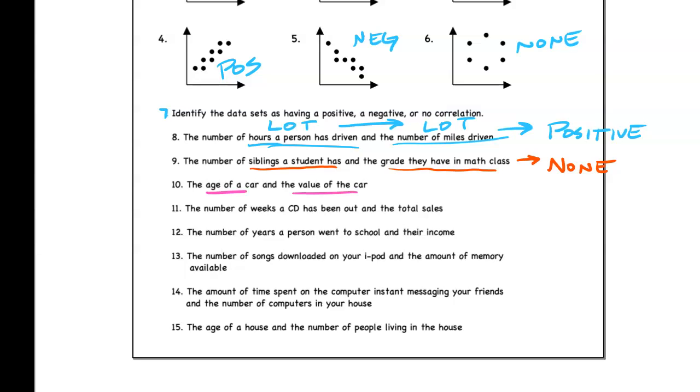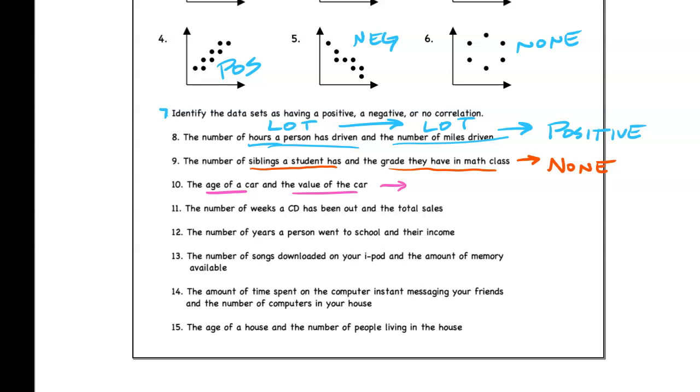Age of a car and value of a car. And I can help you guys with any of these if you want help with them. What was the question? Number 10. The age of a car and the value of a car, would those be positive correlation, no correlation, or negative correlation? Negative correlation. Okay.